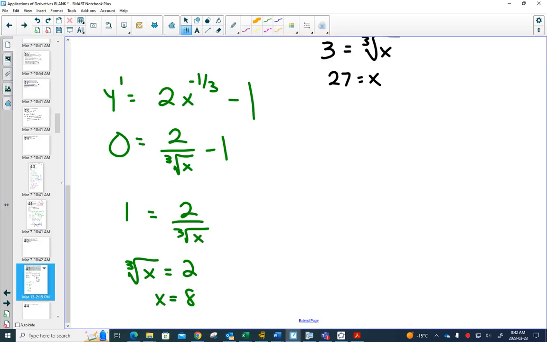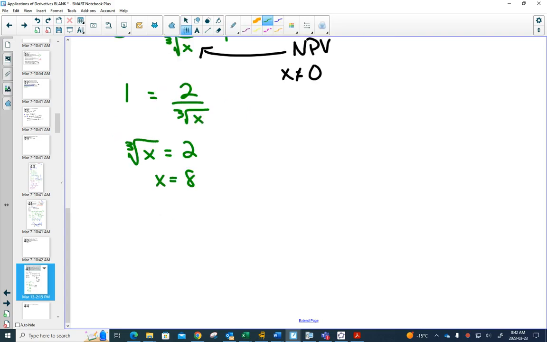But something to note that came up in this question is that at this point here, in our derivative, we do have a non-permissible value. That x can't equal 0. And this would be something that most students would miss when doing our number line.